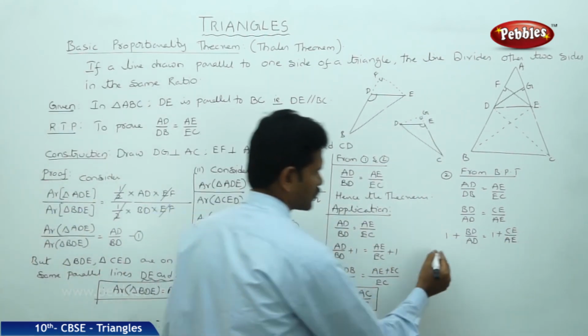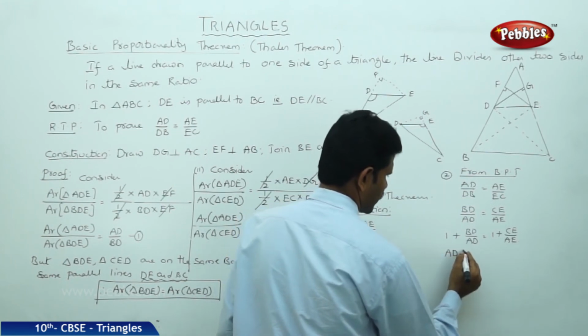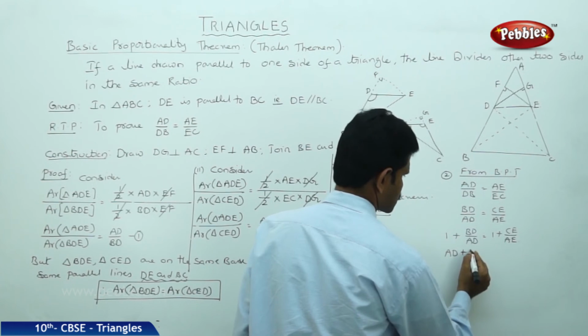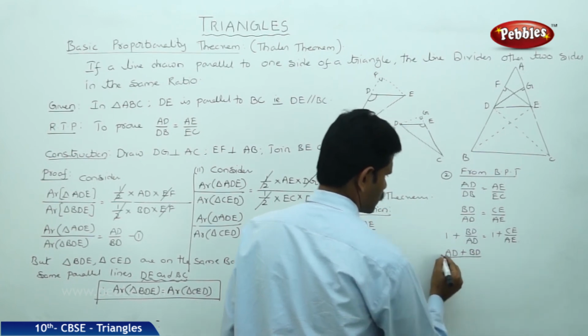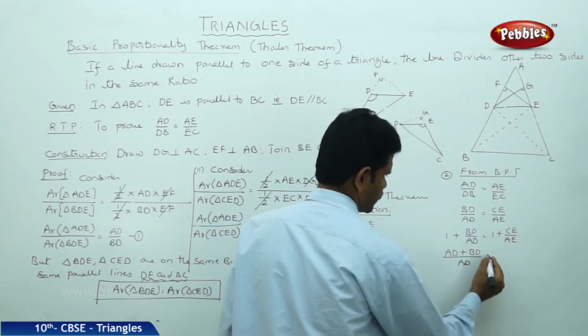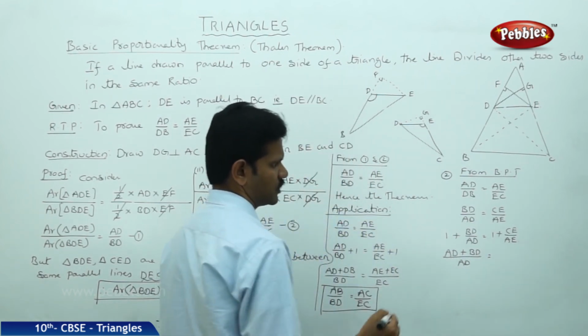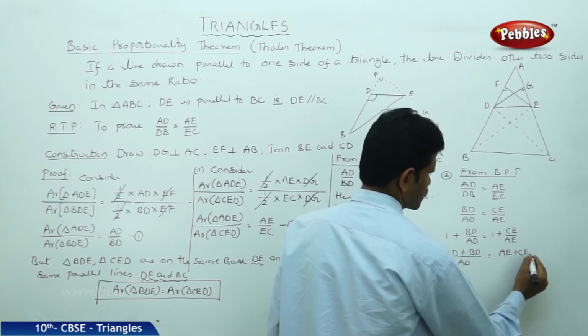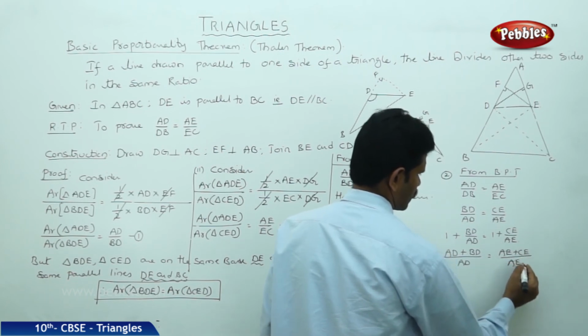That is, AD plus BD by AD is equal to AE plus CE by AE.